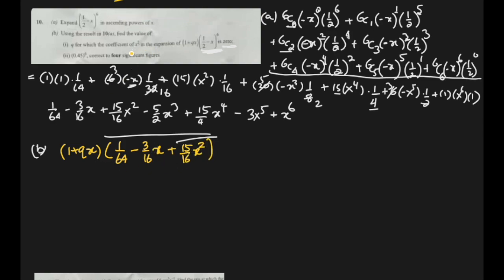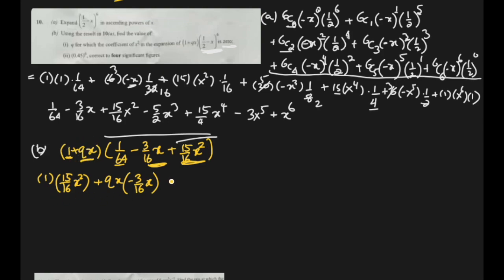Now 1 multiplied by what here will give me x square? This, right? So I will write this 1 times 15 over 16 x square. Qx times this x will give me x square again. So plus qx times minus 3 over 16 x will be x square. And 1 over 64 cannot give me x square because there is no x square in the left side.